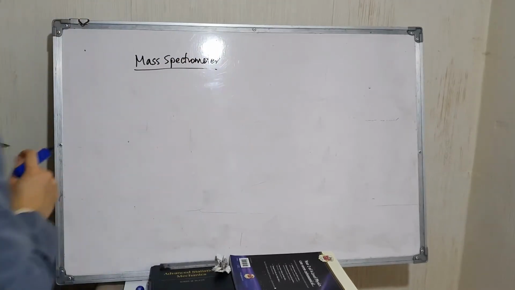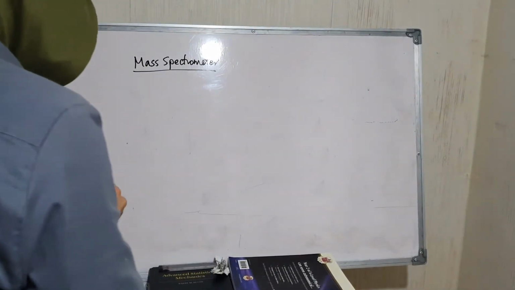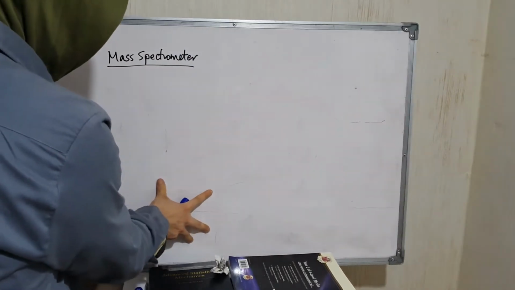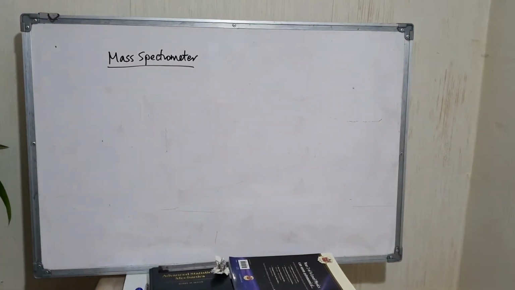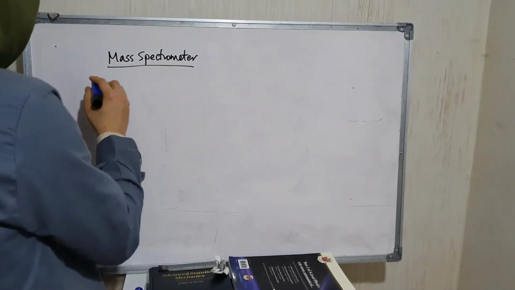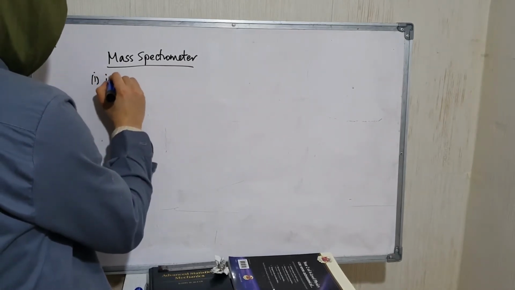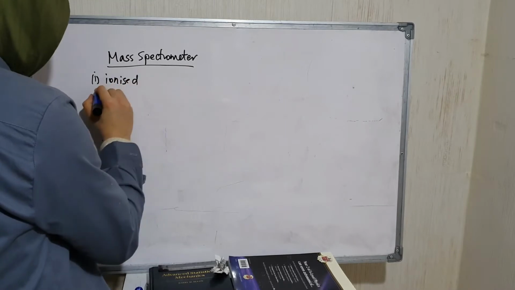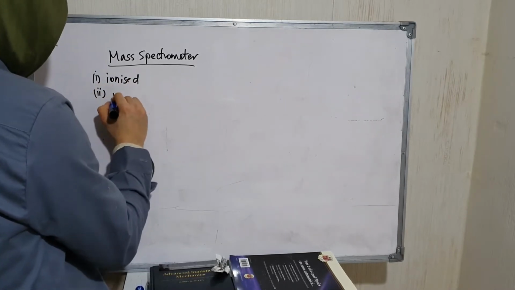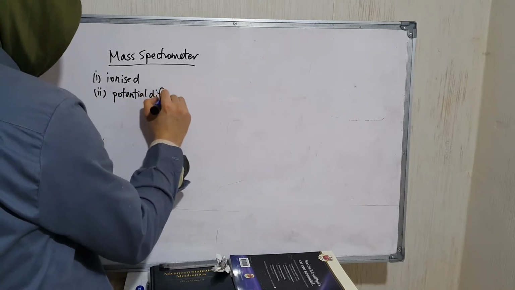Okay, so we're doing a video on the mass spectrometer. What are the procedures, what are the steps? So 1, it is ionized, and number 2, it gets accelerated through a potential difference.